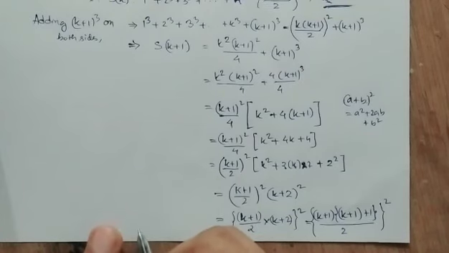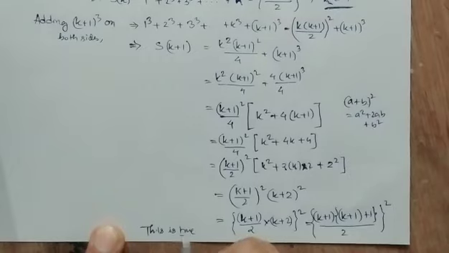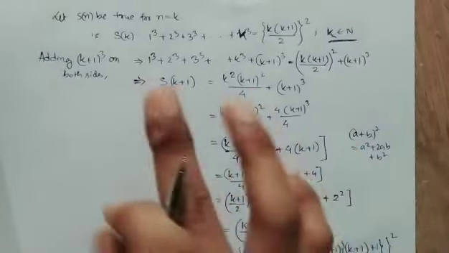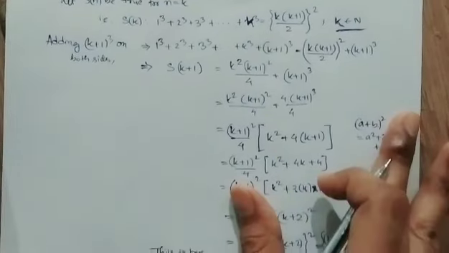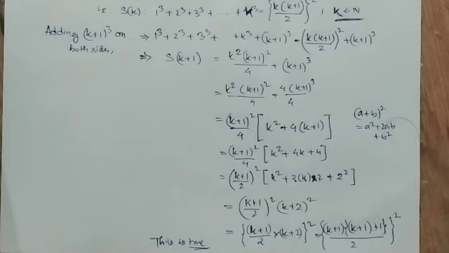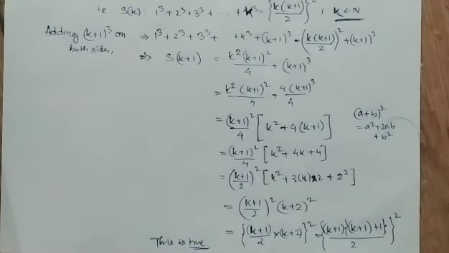So we can conclude that the statement Sn is true for n is equal to k plus 1.